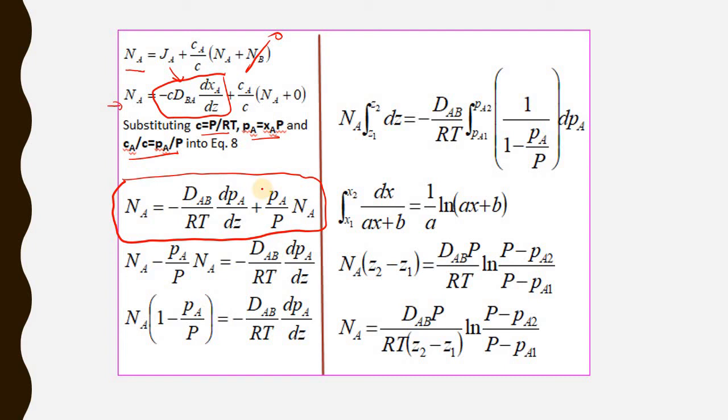I think we bring this term to the right, and we rearrange and integrate to the respective points PA2 and PA1, and the location for Z is from point 1 to point 2. So this will be the final equation. This is how we rearrange and integrate the equation.